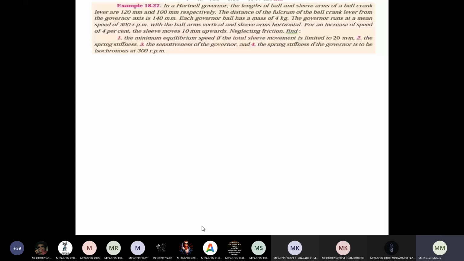This is also Hartnell type governor. The length of the balls and sleeve arm of a bell crank lever are 120 mm and 100 mm respectively. Let me write the given data for this one. What they have given? Length of the arm, horizontal arm. Sorry, vertical arm.